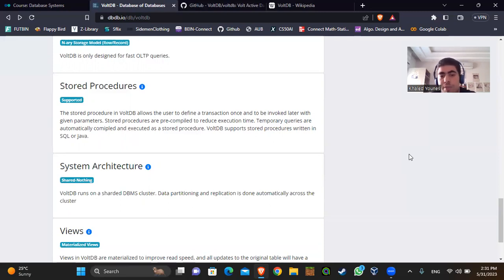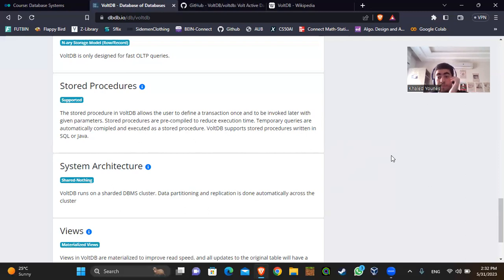Stored procedures are precompiled to reduce execution time. So remember when I said that VoltDB accepts predefined procedures from before. When you insert them, they are precompiled. So maybe they're given less priority than active transactions. So this reduces the execution time. Temporary queries are automatically compiled and executed as a stored procedure.